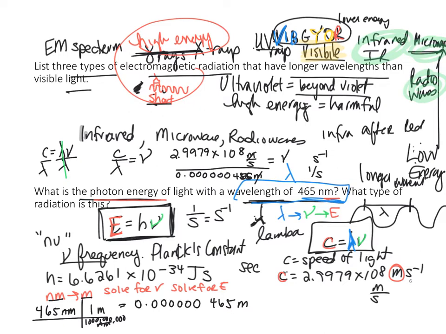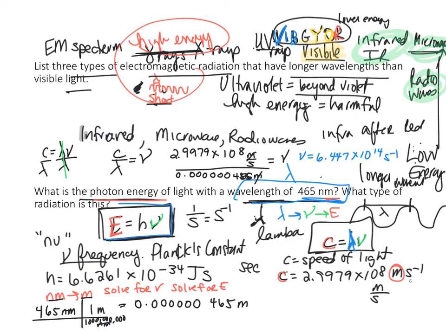So now I'm going to put 2.9979 E 8 divided by 0.000000465. And so now I'm going to get the answer: nu equals 6.447 times 10 to the 14 s to the negative 1.